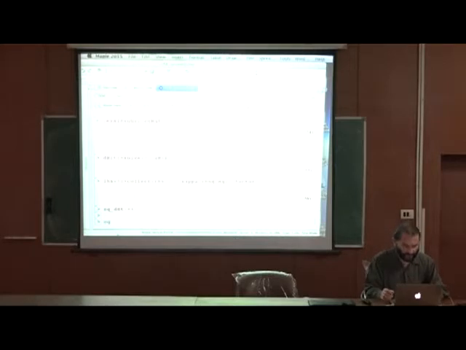We have the equation for rho QT. We have the equation for HQT. And then we have these two equations. These are the equations that determine the system.